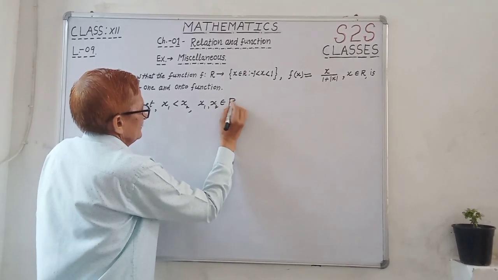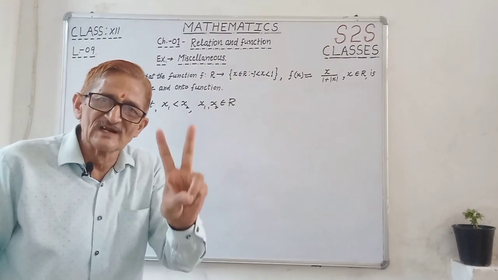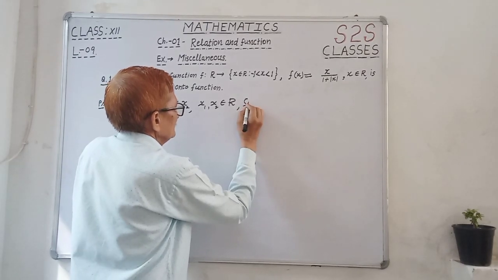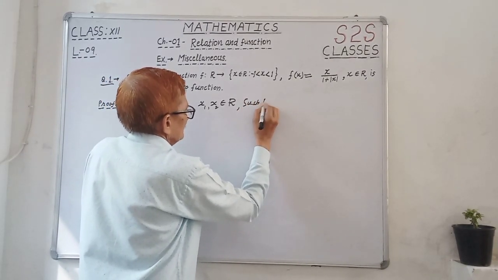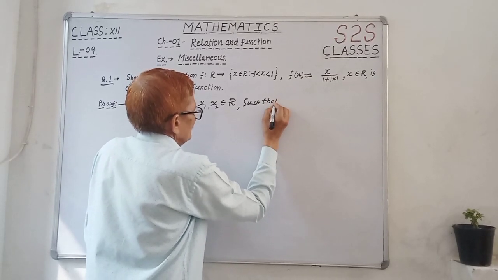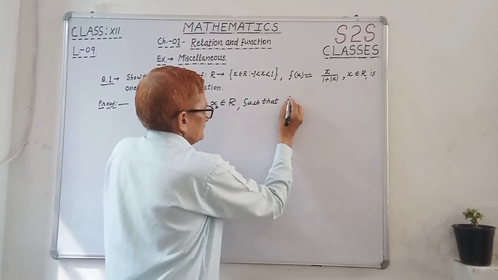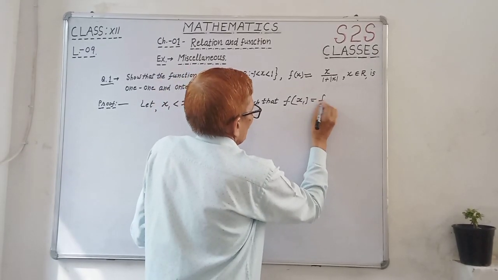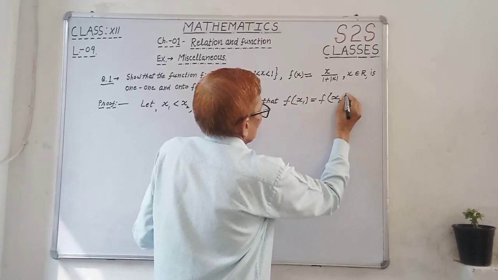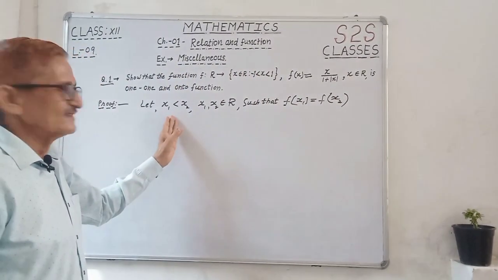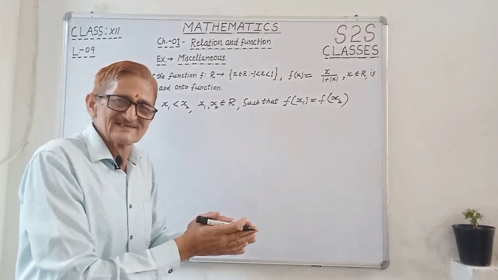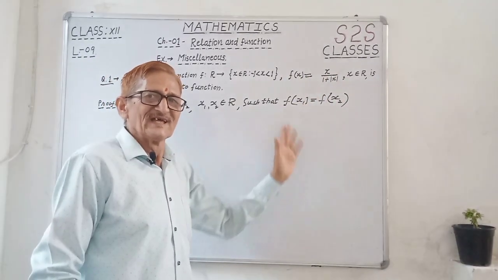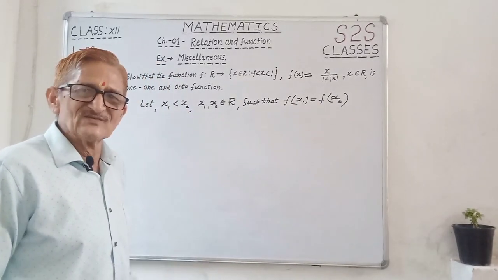Domain means real numbers. In the real numbers we have taken two elements, some x1, x2, choose different elements such that the images are equal, that is f(x1) is equal to f(x2). These are the images, outputs equal and inputs different. After putting in the function and solving these equal images, if x1 equal to x2 comes, then we can say it is 1-1.